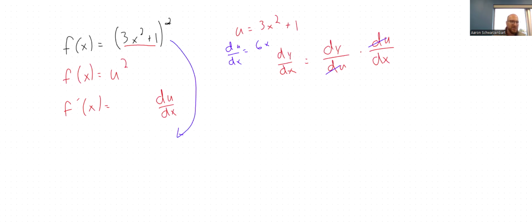The derivative of u squared is 2u, and then I have to multiply it by the derivative du dx. So the chain rule effectively says 2 times whatever this inside is to the first times the derivative of the inside.